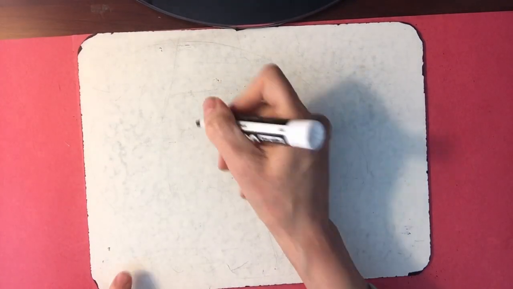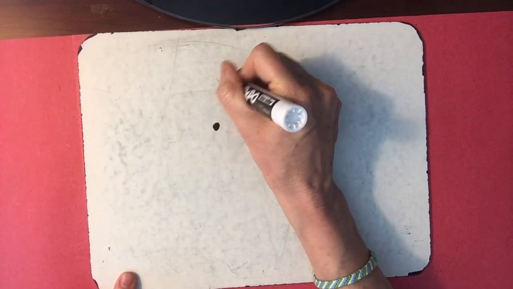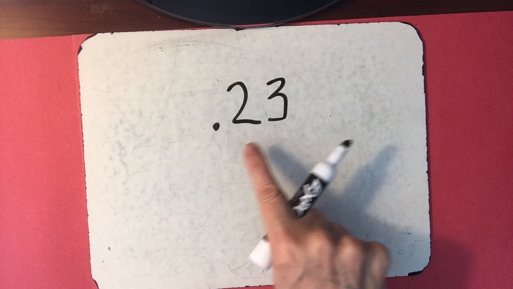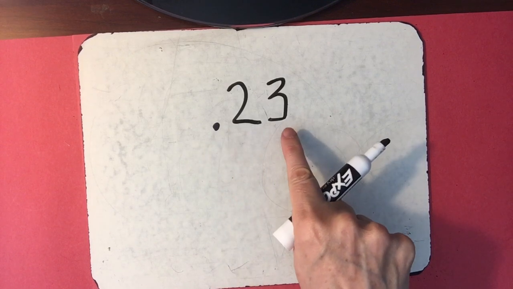So let's say you have 23 cents. You have 23 cents in your pocket. There's a couple of different ways you would communicate this. One is just with the decimal point, .23, but this kind of looks more like it could be something other than money.